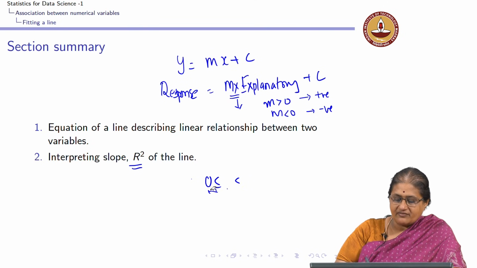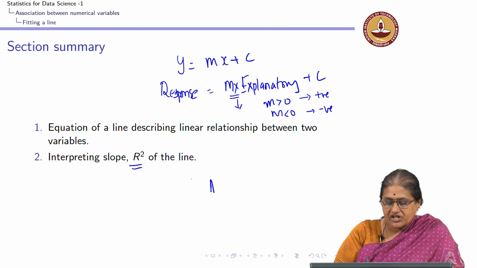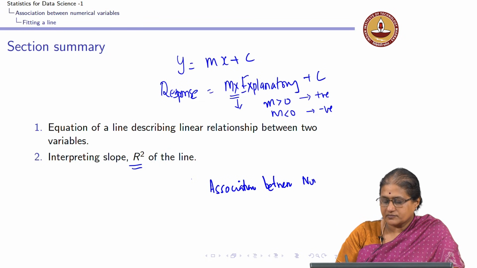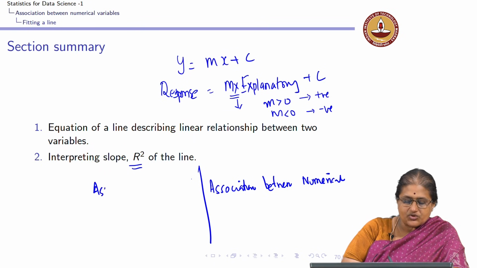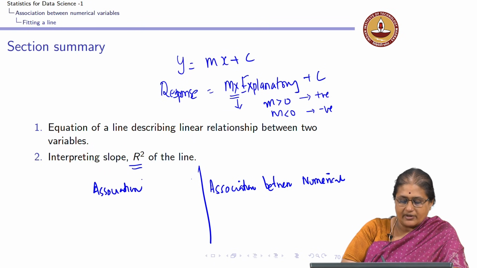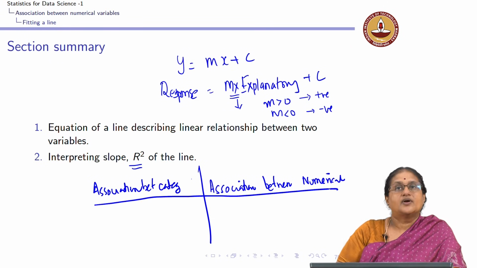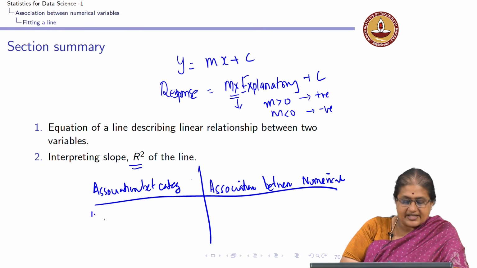In this section we started by looking at the association between two numerical variables. Earlier we looked at association between categorical variables. Okay. Now, in this case the key thing is we first learnt about how we set up what we called a contingency table.